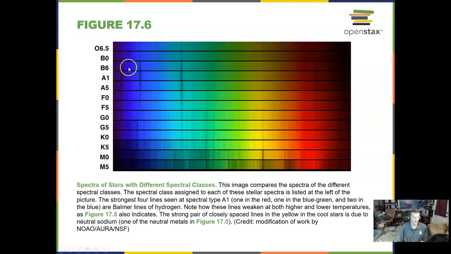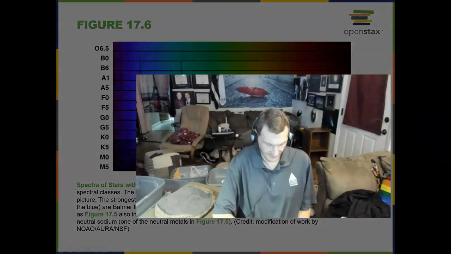This is a full spectrum of all the stars, and we see these dark lines in the rainbow of the spectrum. So what a spectrum is, we take a prism or we take a diffraction grating cut with a laser, and it splits white light up into a rainbow. We see many dark lines.